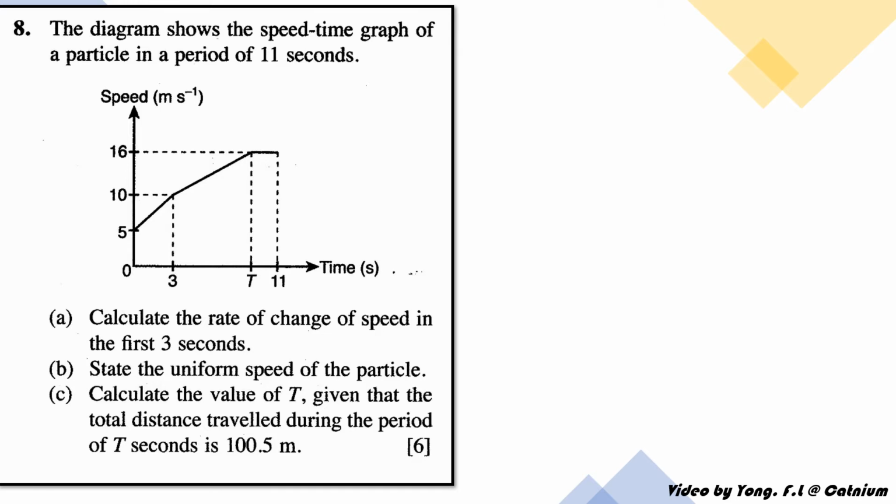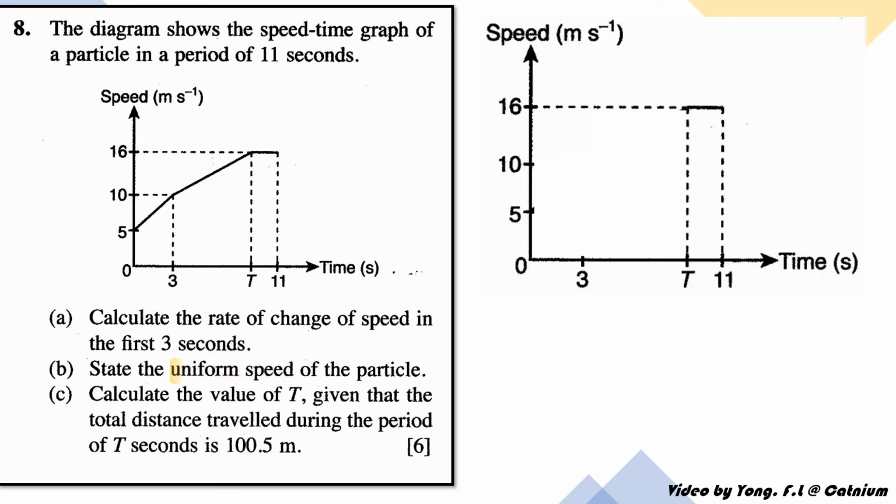Okay, now for B. Okay, B is looking for the uniform speed. Uniform speed maksudnya laju seragam. Okay, so which part of the graph is related here? So kita akan tengok di mana kawasan yang terlibat.